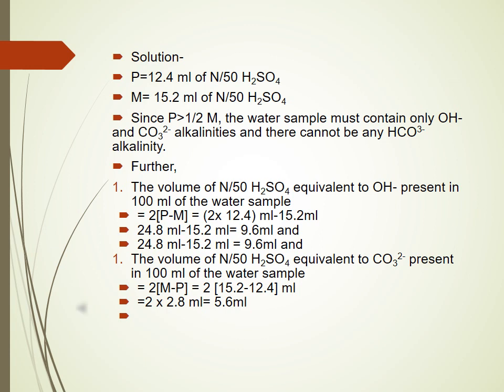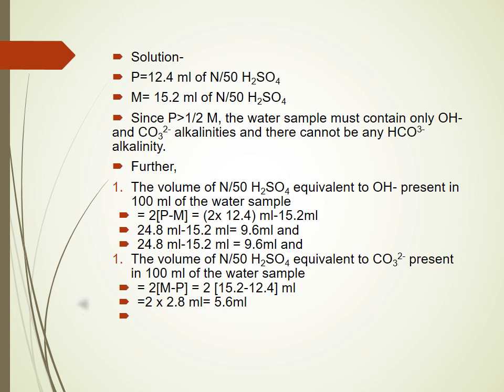Now again, with the help of the formulas given in the table for the OH⁻ ion and CO3²⁻ ion, we are able to determine the volume of the N/50 H2SO4 that we are taking in the burette equivalent to the OH⁻ ion present in the 100 ml of the water sample, and individually equivalent to the CO3²⁻ ion present in the 100 ml of the water sample.